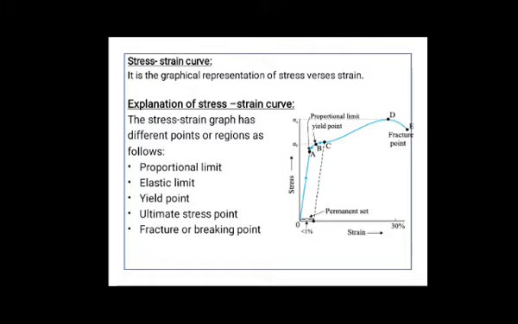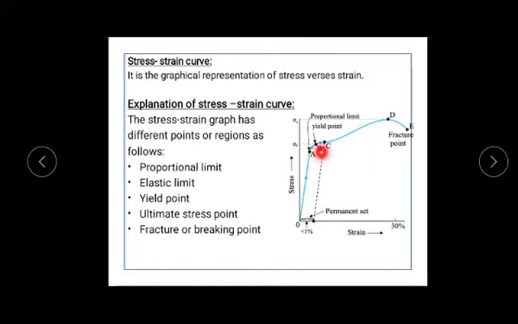So what all these, let us try to understand. If you observe this graph, this O to A, it is a straight line. Straight line means what? Definitely stress is directly proportional to strain, means the material obeys Hooke's law, means it is more elastic in nature.